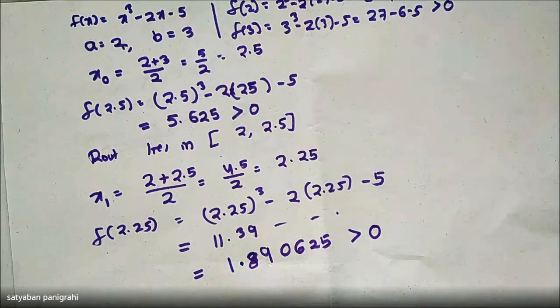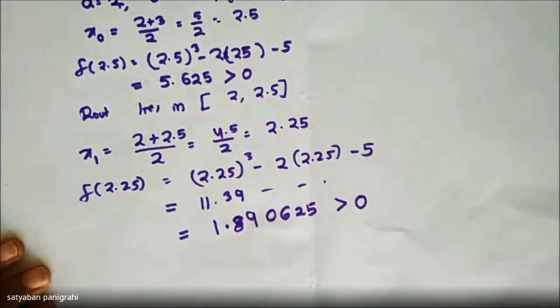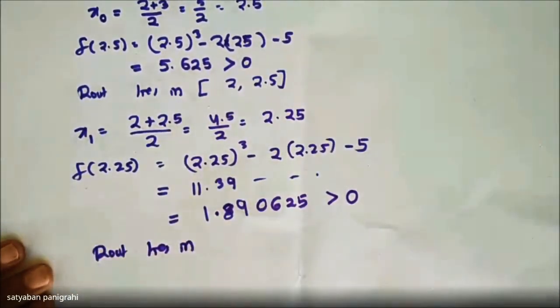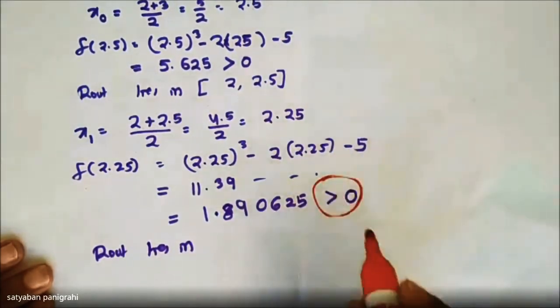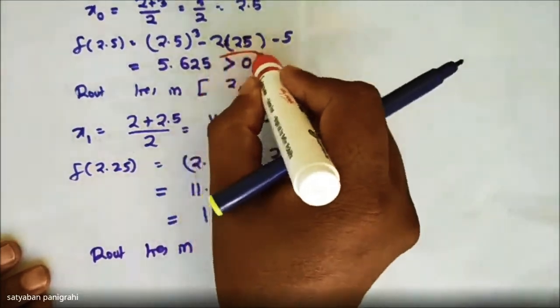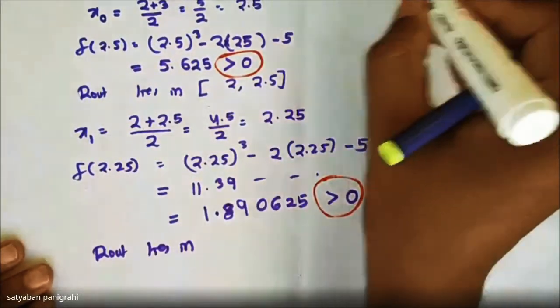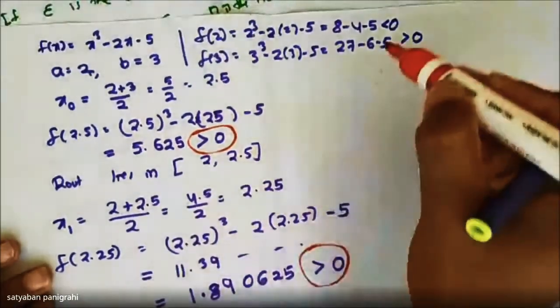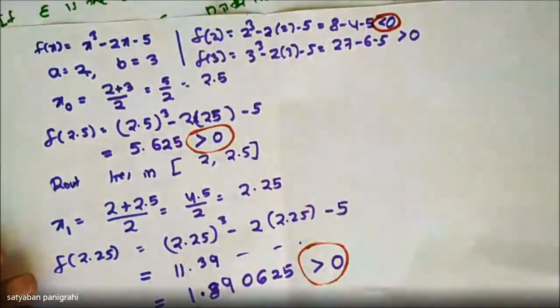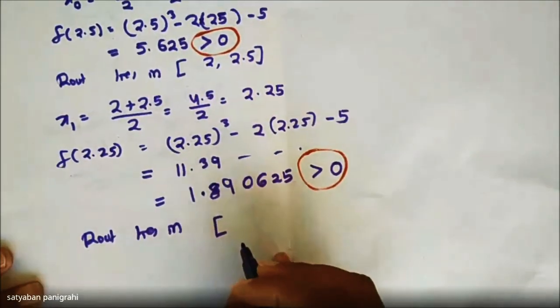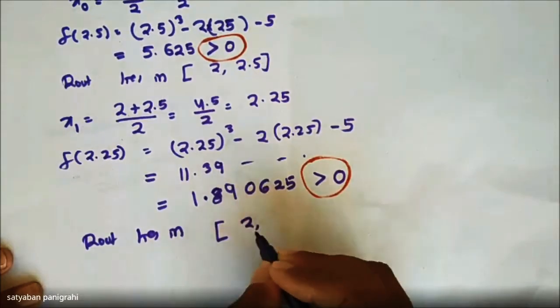So next you write, hence the root lies in... Here it came positive, and here also it was positive. Where was it negative? Here it was negative. Then the next approximation, the root lies in 2 to 2.25.